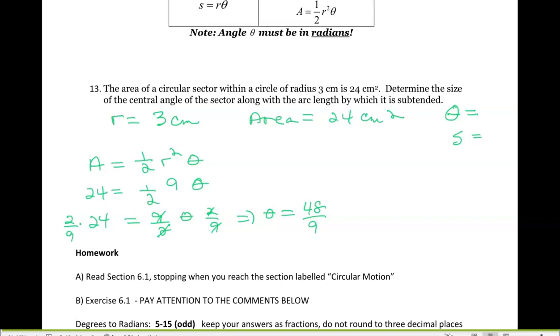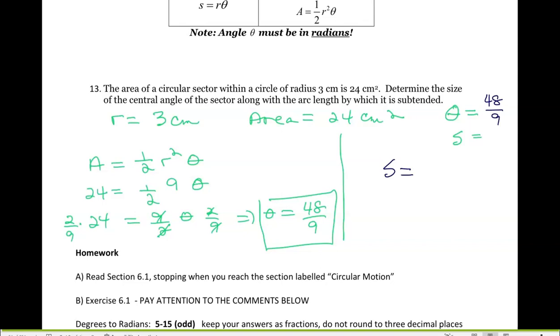Now, if I have my theta, what else do I now know? Can't I also figure out the arc length? Sure, because the arc length, I'll change color just for a contrast, equals, so far I know that this is 48 over 9. And that has to be in radians, and I'm okay because that's all good.